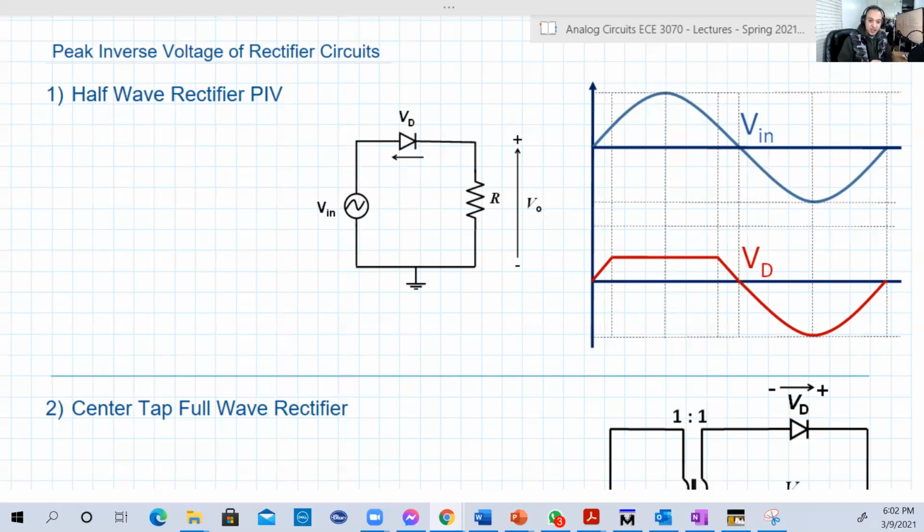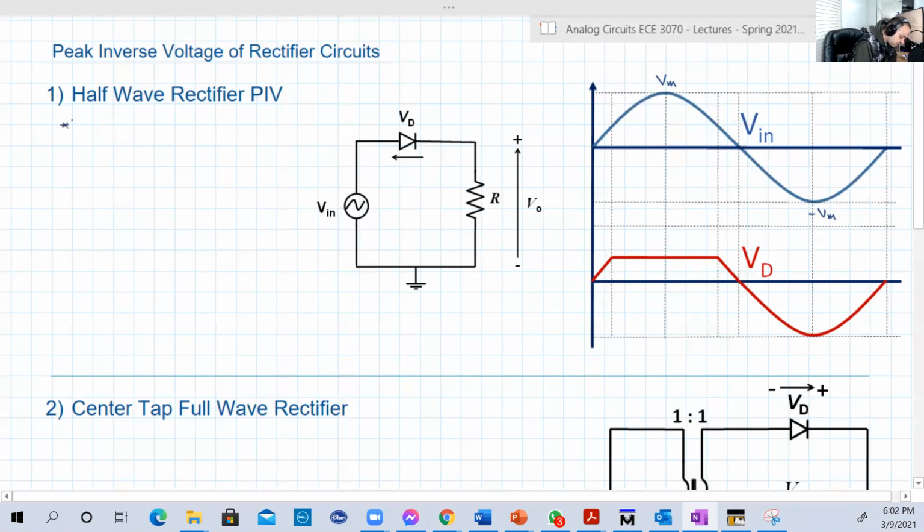So in the half wave rectifier, to know the peak inverse voltage, just solve the circuit when the input is at its maximum negative voltage. So if this is the input, this is the maximum positive voltage Vmax, and this is the maximum reverse voltage minus Vmax. So calculate the diode voltage when the input is equal to minus Vmax.